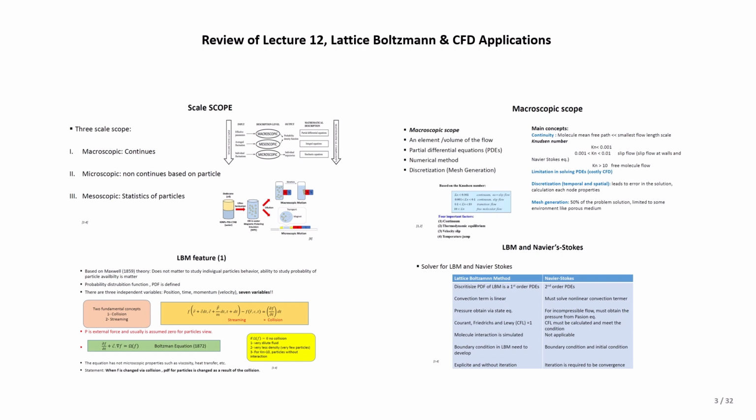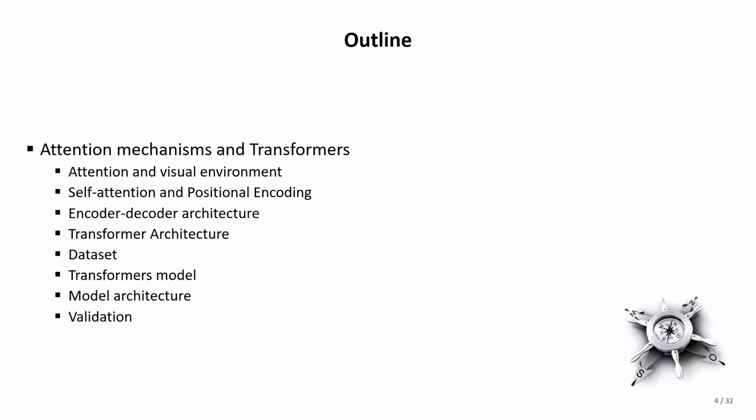With this short review, let's go back to our lecture 13. In lecture 13, we will have some introduction about the attention mechanism and what it is, and how it led to the transformer model, and some parts of the transformer model, like self-attention and positional encoding, and how they make it great to be used in the deep learning model.